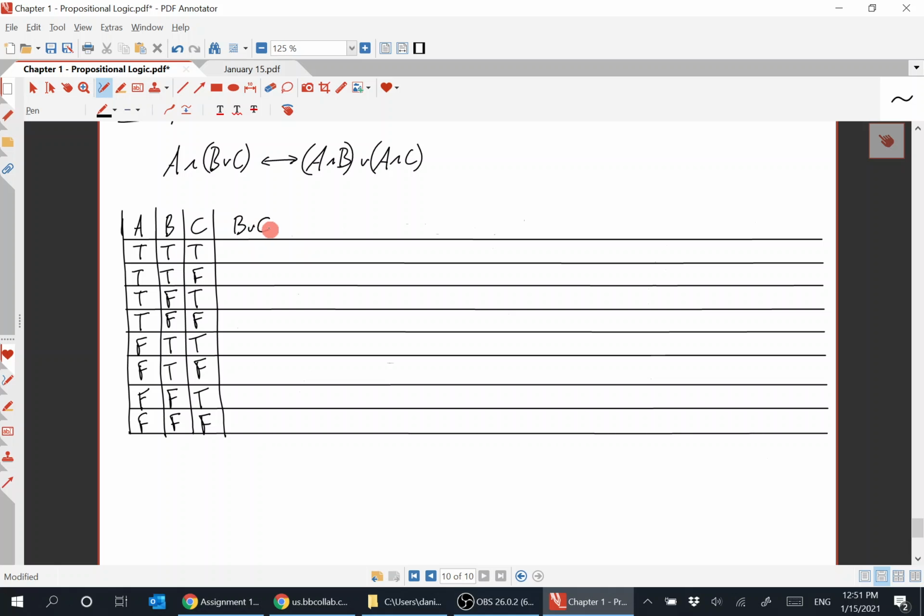So B or C, A and B, A and C. B or C, that's false where? In which rows? The rows where B and C are both false, which is this row here and this row here, and that's it.